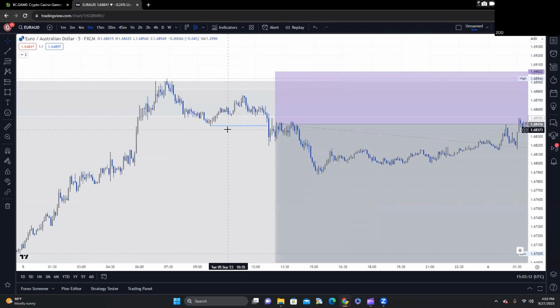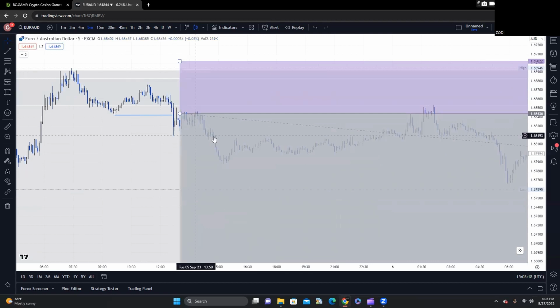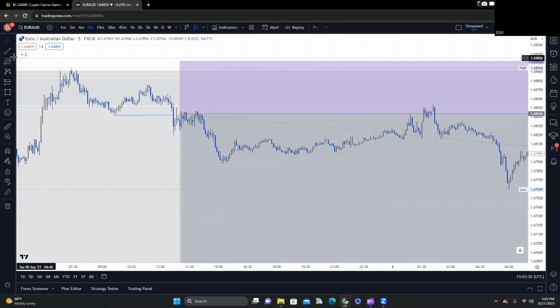But then wait for this break of structure here, and then we still have this level here. So within this price leg again, from this high to this low, we have this from all the way to the top here as another order block, right?